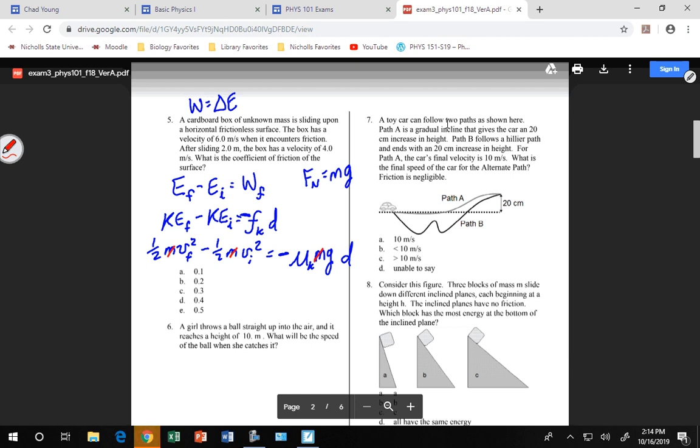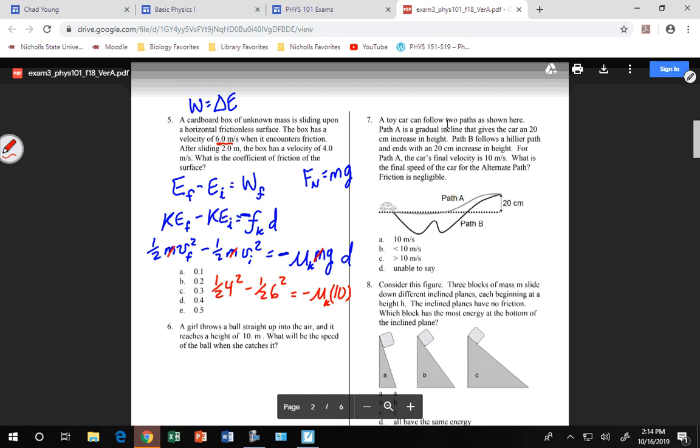So let's just put in some numbers here. I have Vf is 4. Vi is 6. Mu, I'm looking for that. 10 meters per second squared, that's g.